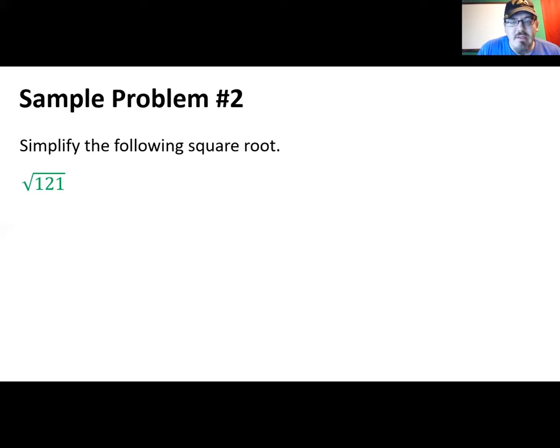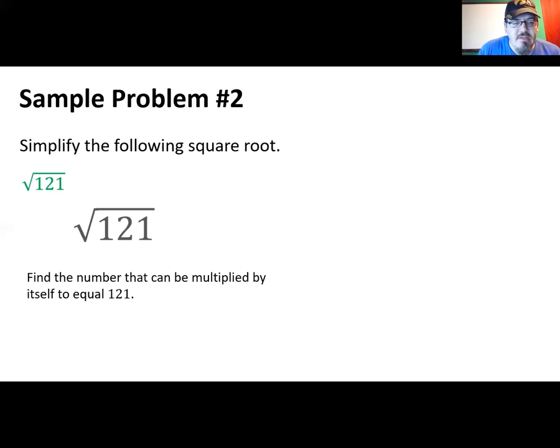Basically what the square root means is we're going to figure out what number you can multiply by itself to get, in this case, 121. When we write it out, it looks like trying to figure out a number that we multiply by itself to equal 121.